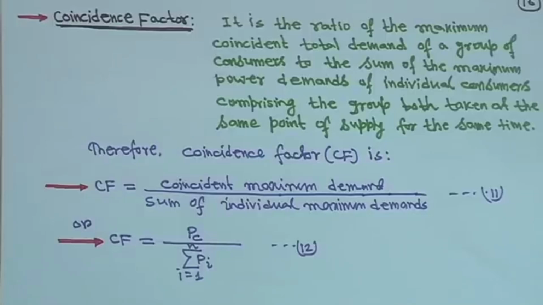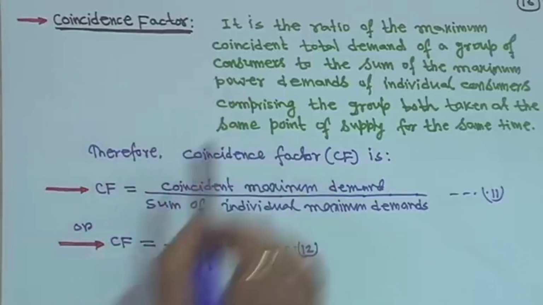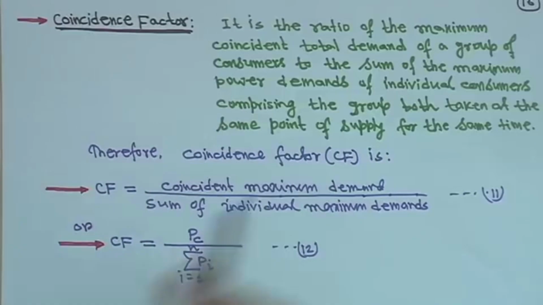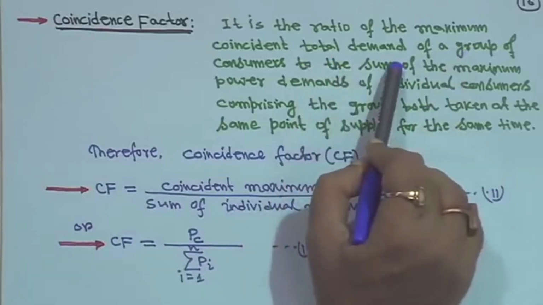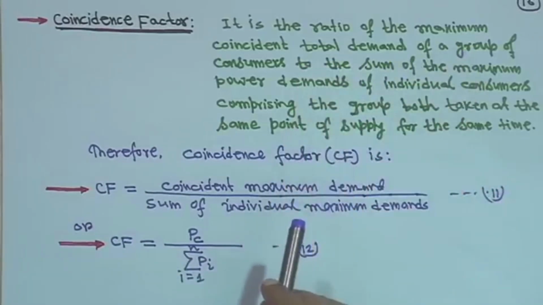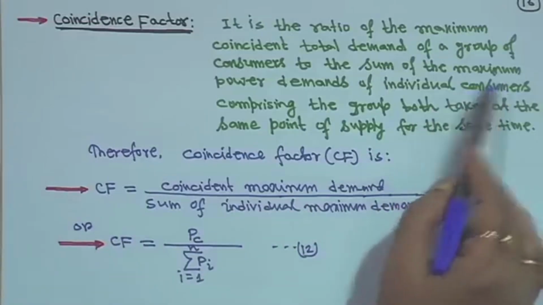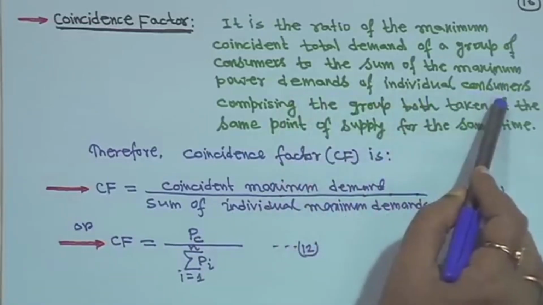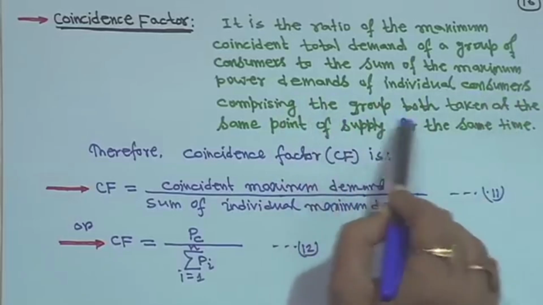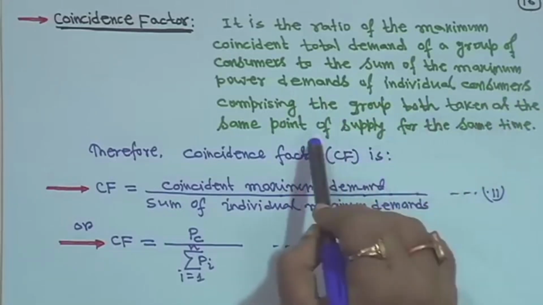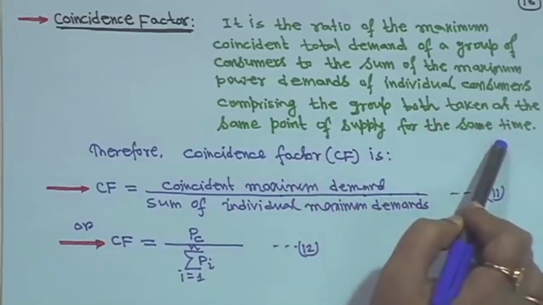Later I will take a few examples, after that you will see these things are quite easy. A group of consumers means different types of consumers, maybe commercial, industrial, agricultural, like this.